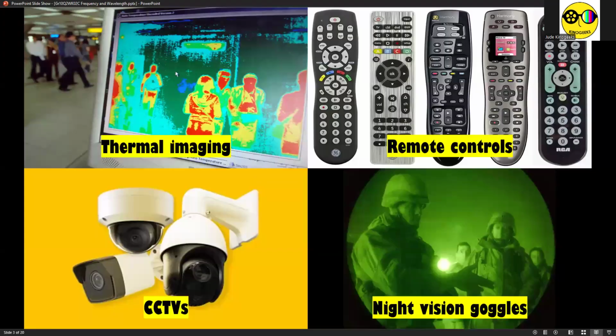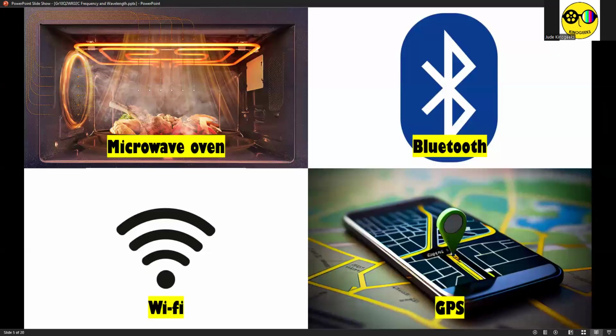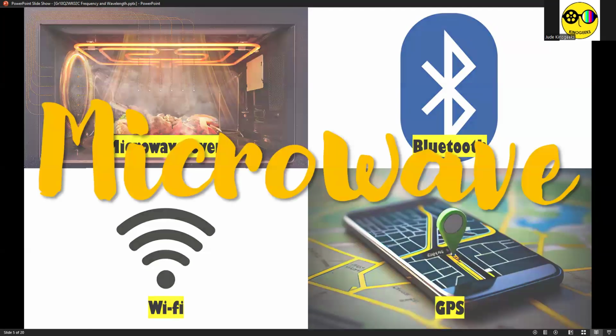Next, thermal imaging, remote controls, CCTVs, and night vision goggles. Most of these are used for security purposes, for tracking people. So these four make use of infrared waves. Now, for microwave oven, Bluetooth, Wi-Fi, and GPS, these four make use of microwaves.